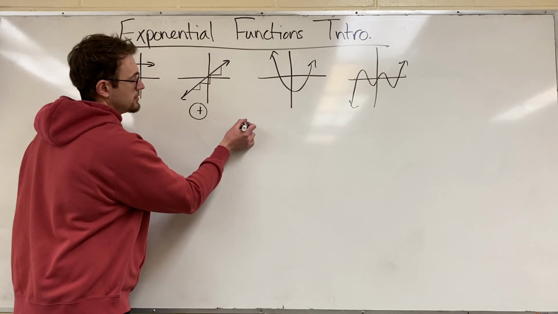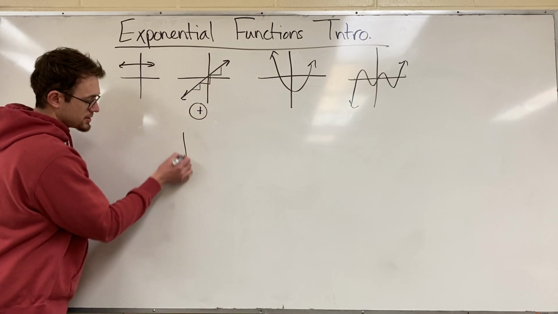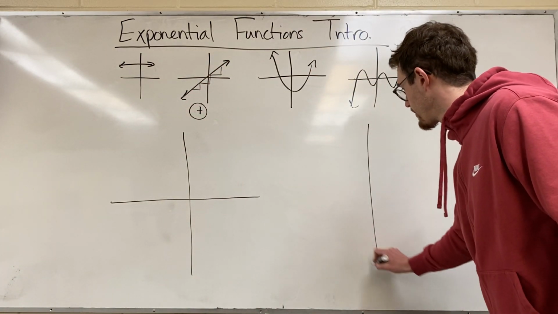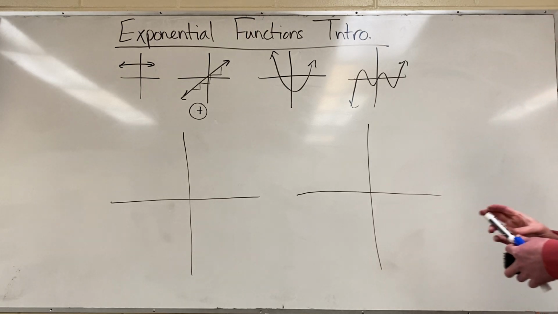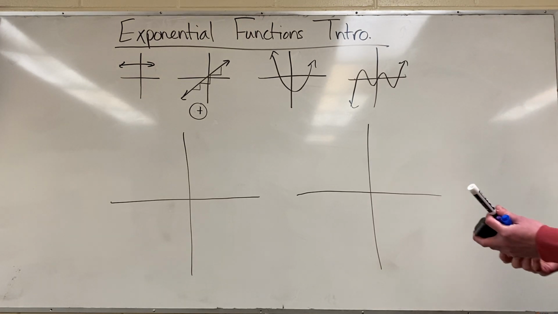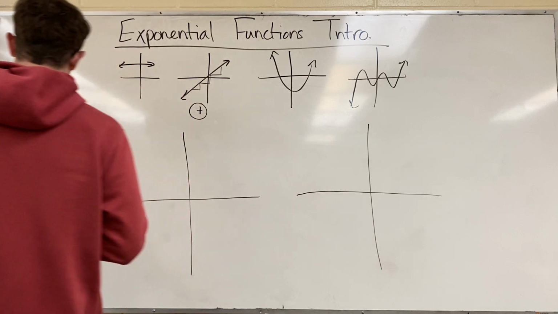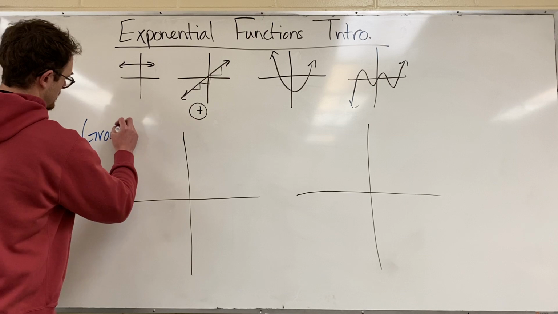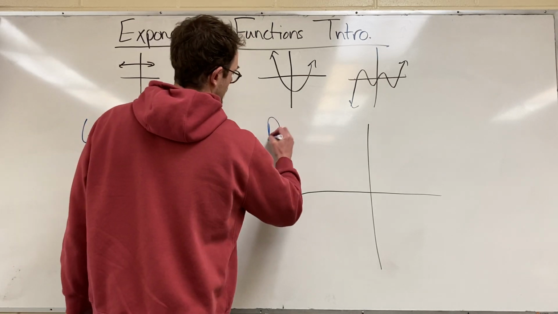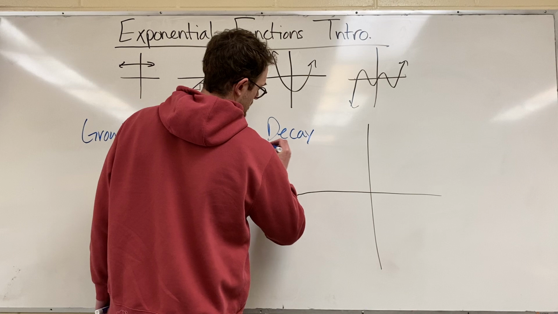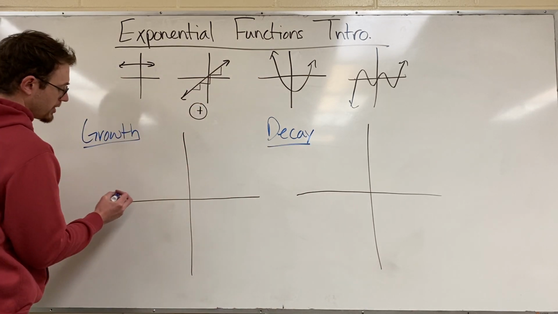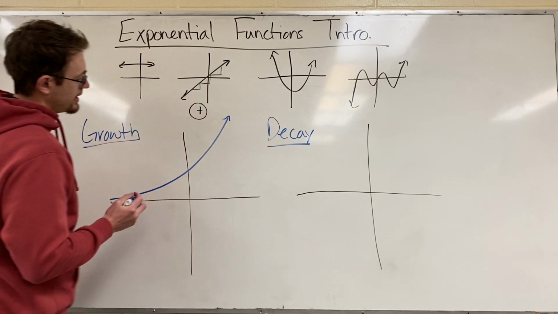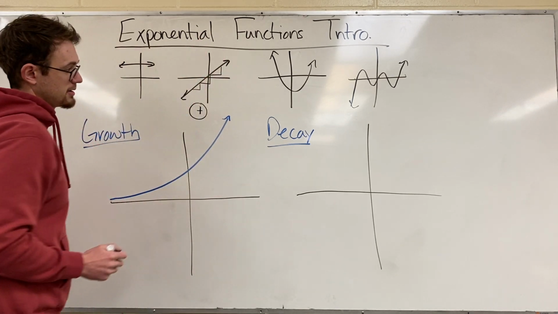And the exponential model, it's going to have 2 different models. So let me draw 2 bigger grids. It's going to have 2 different types of models. We're going to have one for growth, and we're gonna have one for decay. So for growth, it's gonna start low and then grow exponentially.